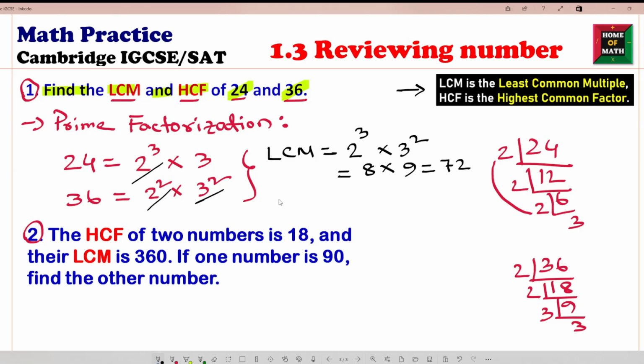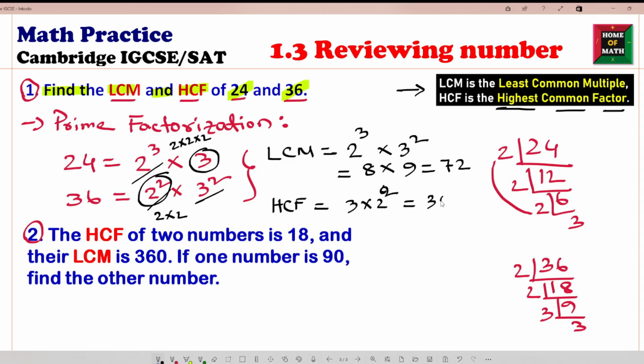And what about HCF? We know HCF is highest common factor. Therefore, which one is common? Here is 3 and look, here is 2 times 2 and here is 2 times 2 times 2. So what will be the common thing? 2 square, right? So we will take 3 times 2 square.